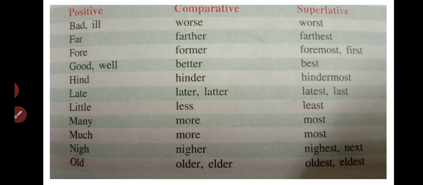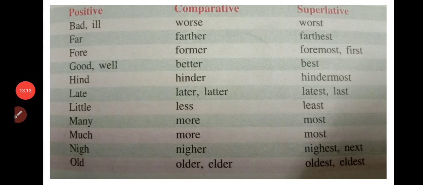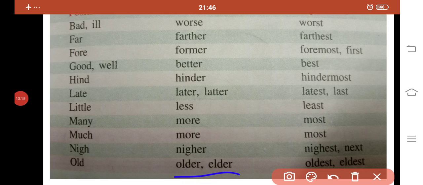Here, older or elder both are correct, but we have to use elder for persons. Okay, only for persons we have to use it, but we use older for things, for other objects.